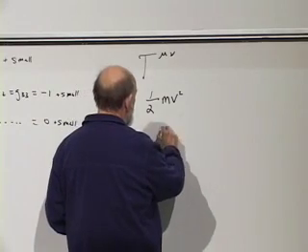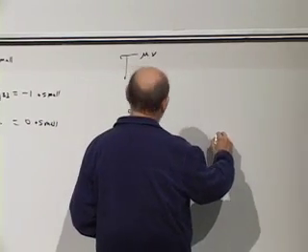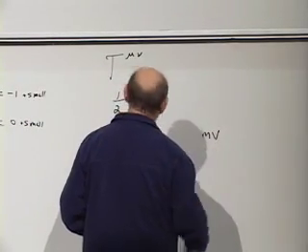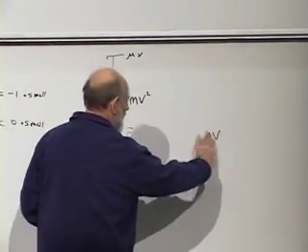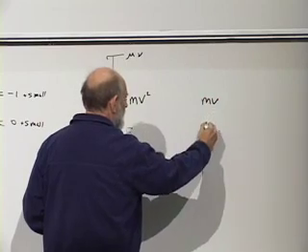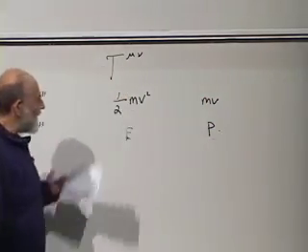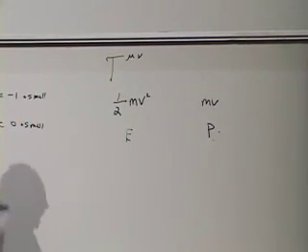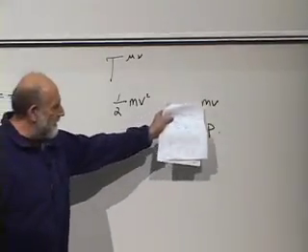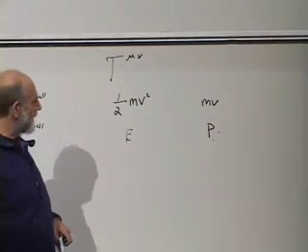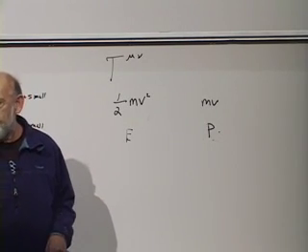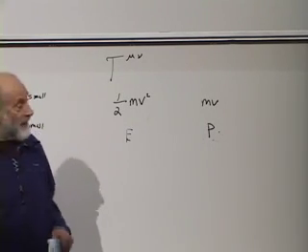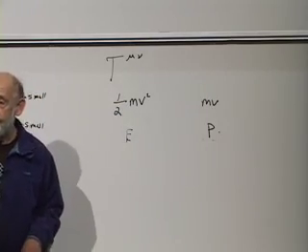This is energy, this is momentum, p equals mv. Remember that v is small. So which one of these is bigger? mv, right? It is true, mv is bigger than mv squared. But we forgot a term here.